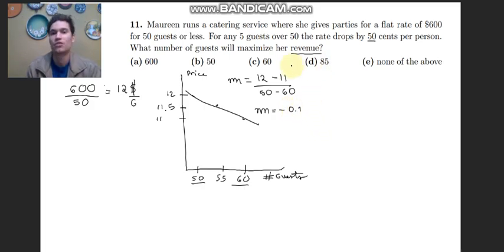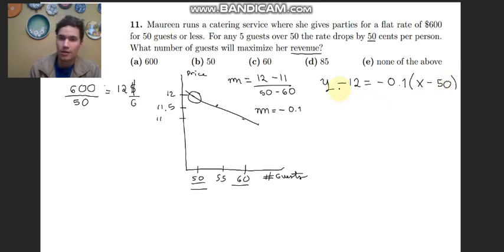Alright, that's the slope. Then the equation, I will create that equation with this point. y minus 12 will be equal to the slope, which is minus 0.1, times x minus the other coordinate, which is 50.